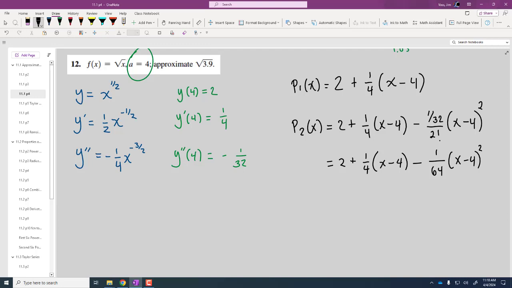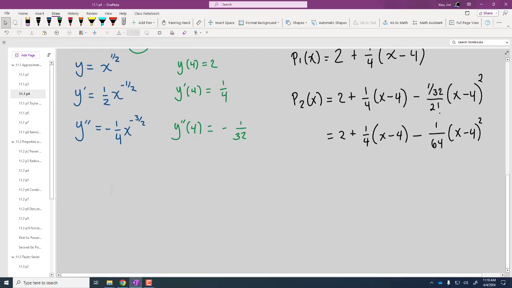And here, they're saying approximate the square root of 3.9, with the center of 4. Obviously we're trying to choose as our center the perfect square that's closest. You could pick 4, you could pick 5, you could pick 1, but 4 is the perfect square that's closest to that one.